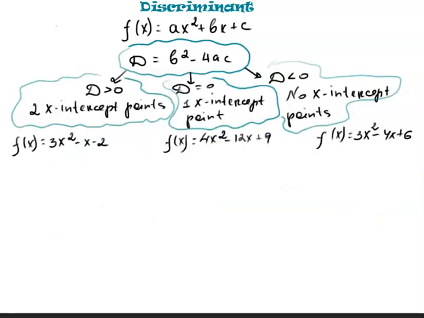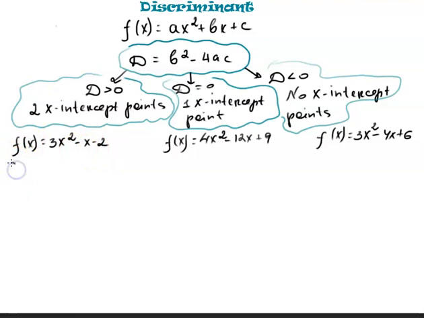For the sake of practice, I will use the same quadratic functions that I used in the previous session when we were talking about quadratic equations, because we were already able to find the discriminant. So the first one is f of x equals 3x squared minus x minus 2.